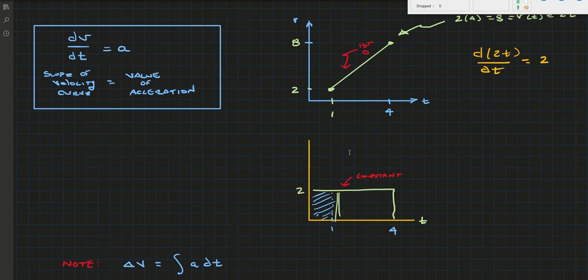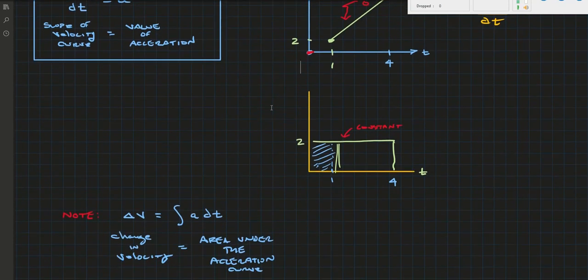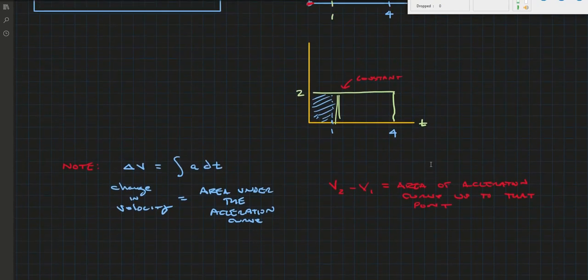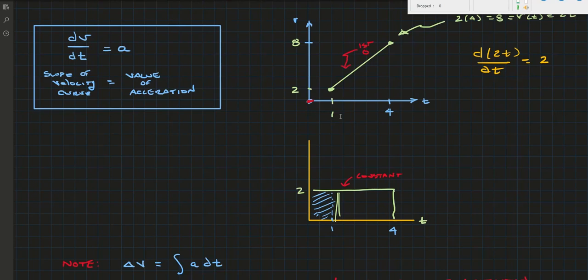If we take our initial velocity to be 0, which is the case here, though the initial velocity could have been anything, then the change in velocity, v2 minus v1, equals the area under the acceleration curve up to that point. So in our case, v minus 0 equals 2 times 1 equals 2. And in fact, that is the case. This is equal to 2.